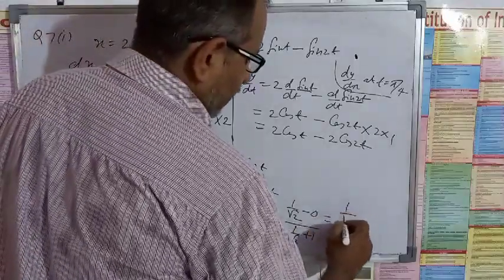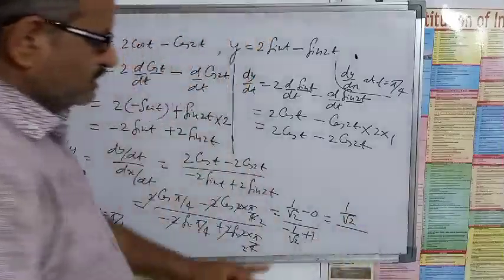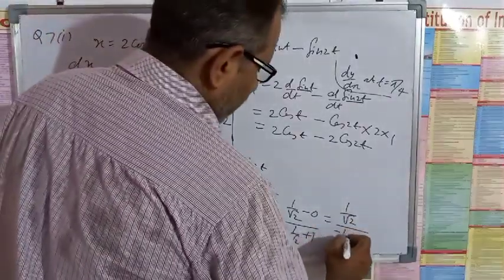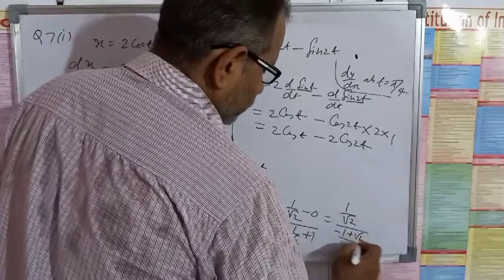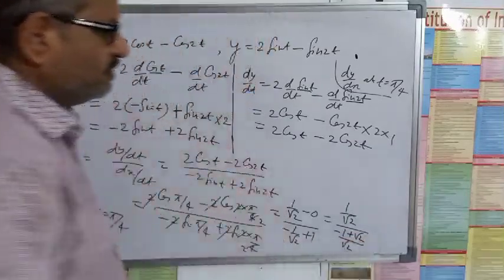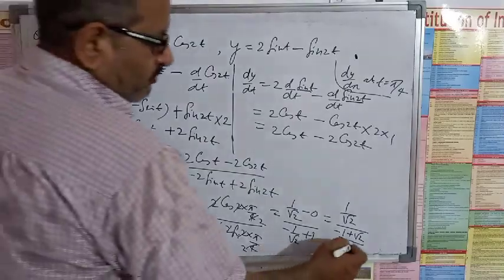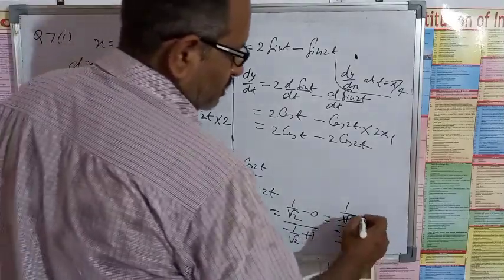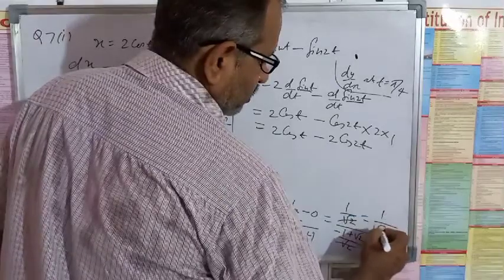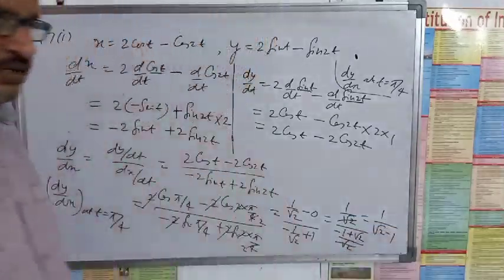Simplify it: numerator 1 by root 2, denominator minus 1 plus root 2 upon root 2. We can cancel this root 2. So it will be 1 upon root 2 minus 1.